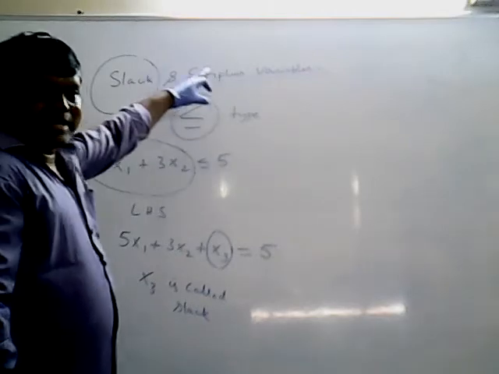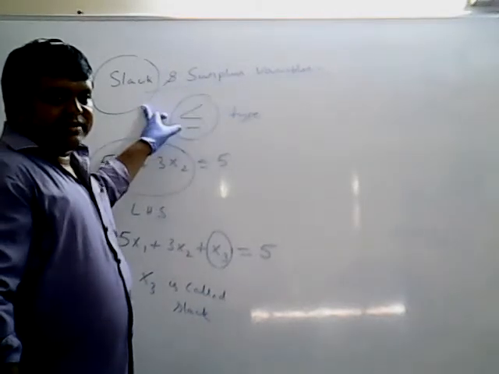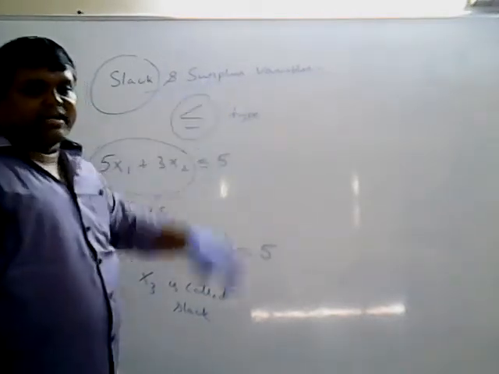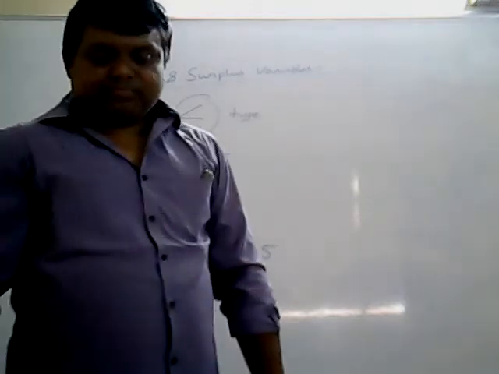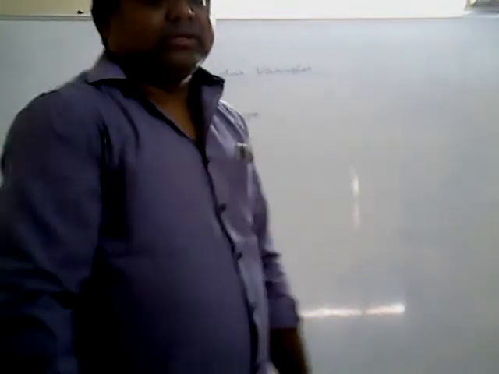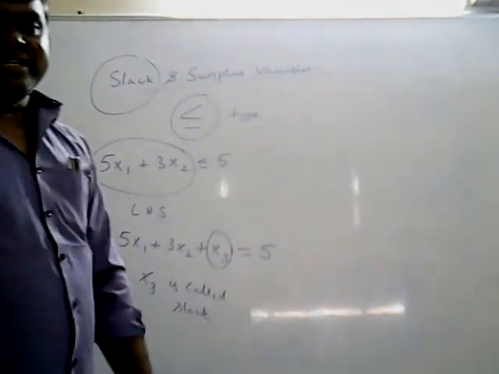Next definition is surplus variable, the reverse of this one. Write down the definition of surplus variable. First I will tell you the definition, later on I will explain with an example.